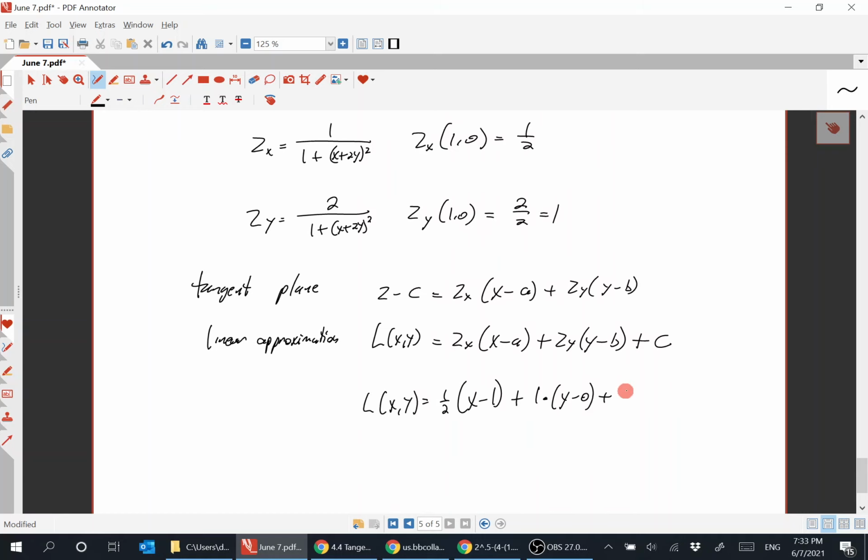Arctangent of 1 is pi over 4. All right, so the linear approximation is a half x plus y, plus pi over 4 minus a half. So that's that.